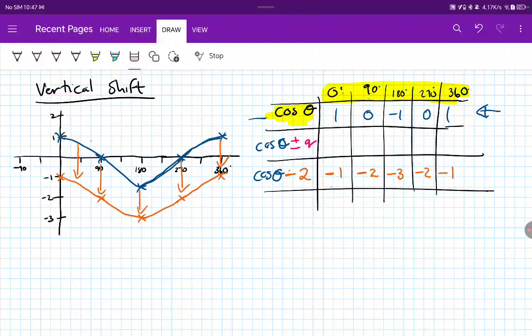Okay, we can do another one. We can do maybe plus something. So if we did plus 1, we would have 2, 1, 0, 1, 2. So for the pink one, you would start at 2, 1, 0, 1, 2.